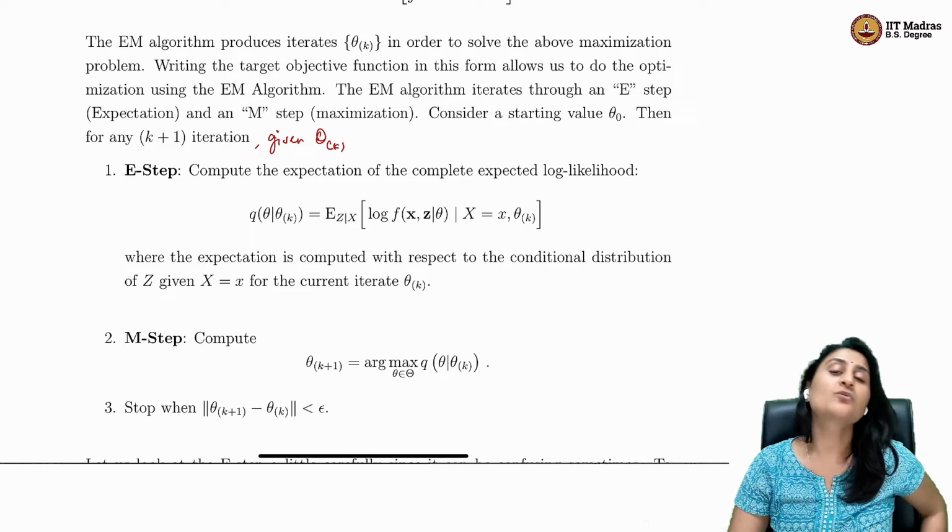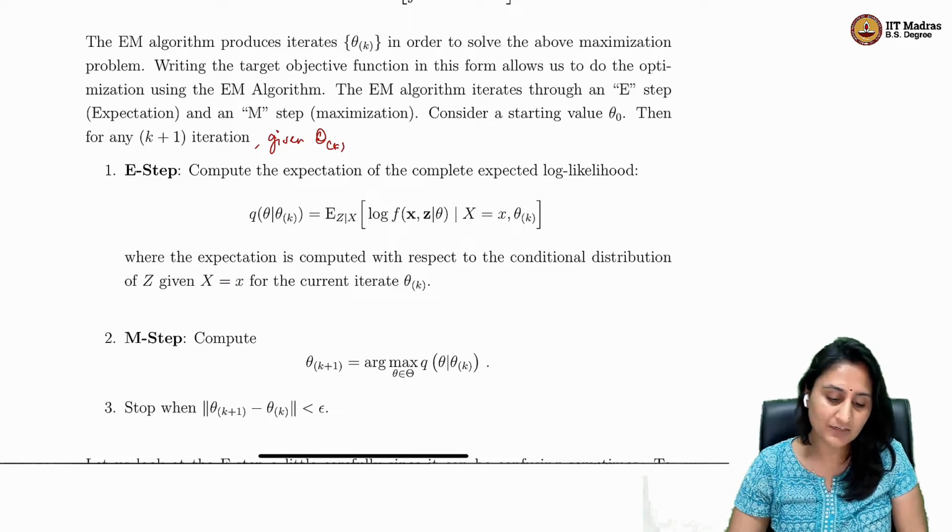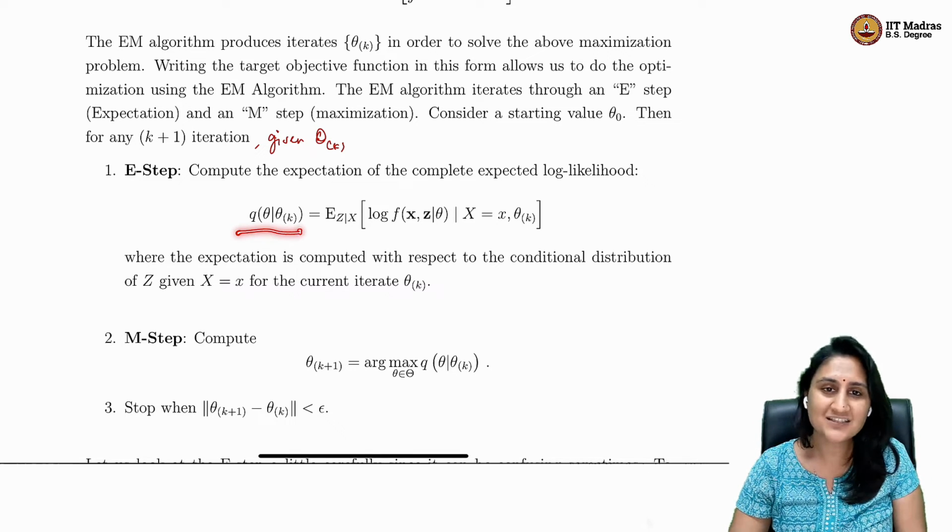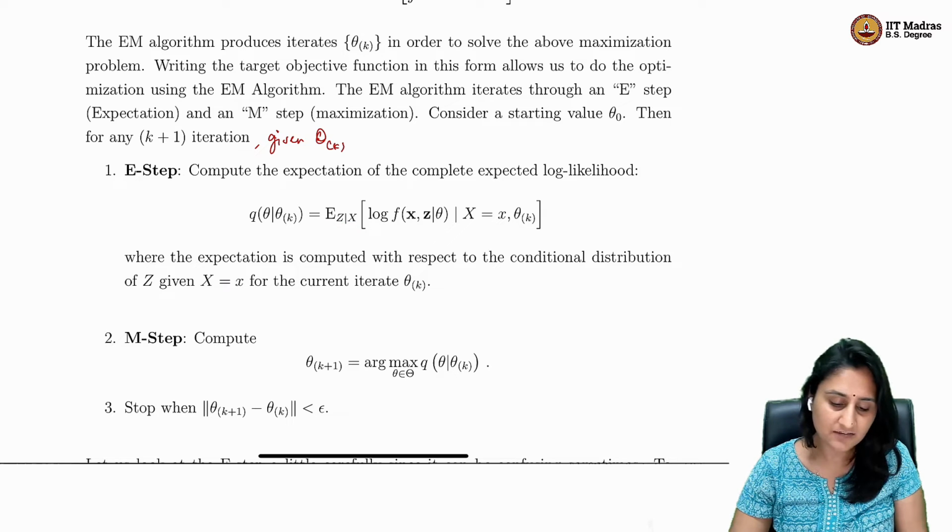Okay, so I obtain my Q of theta given theta k. What is Q of theta given theta k? It is the expectation with respect to the distribution of z given x. What is z given x? It is the distribution of the unobserved data given the observed data.